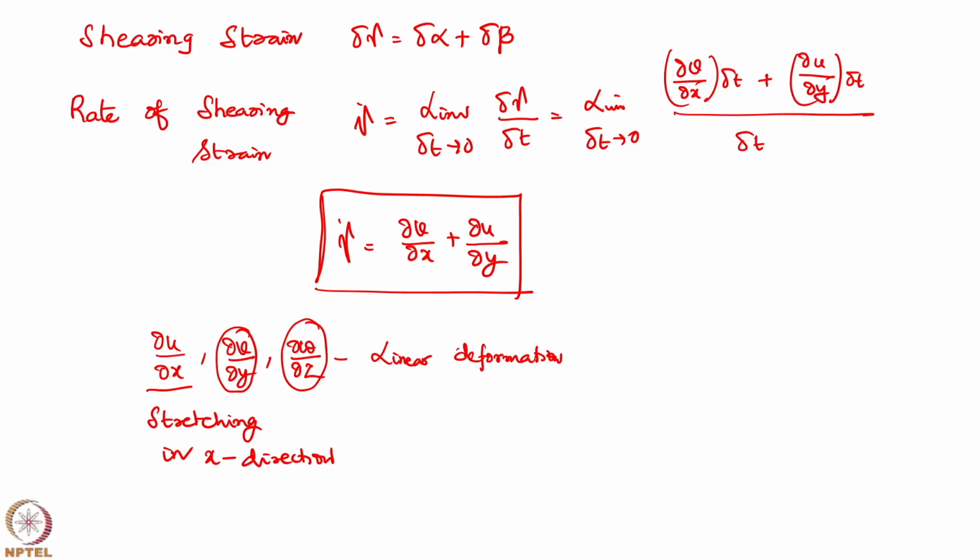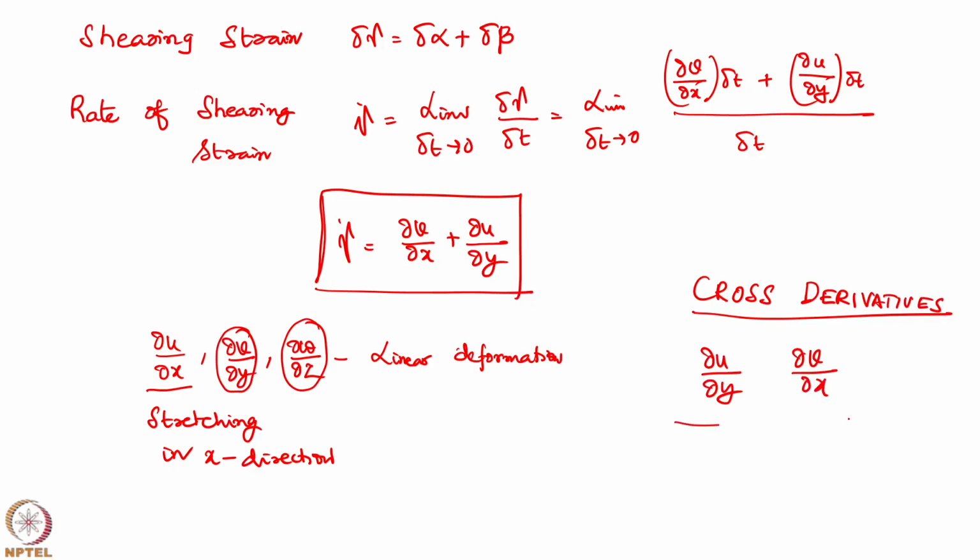But what about cross derivatives? If you have cross derivatives, that is del u by del y and del v by del x, these can cause either angular deformation or rotation.